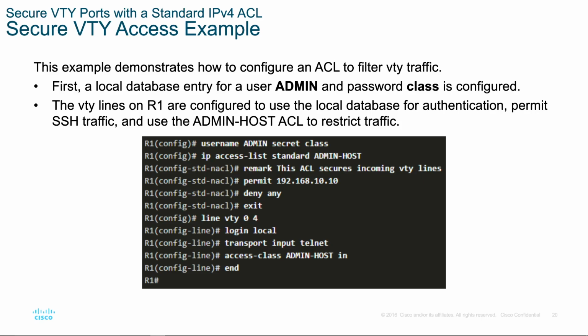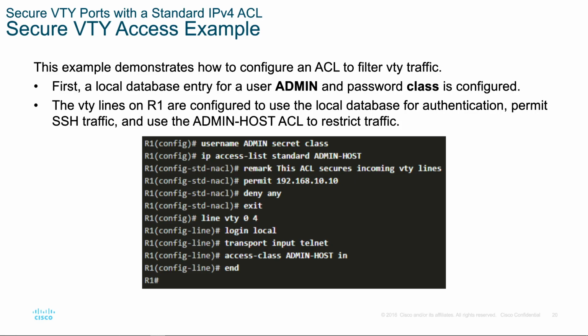We're saying that the only transport input allowed is via telnet, and access class admin host in, so only connections coming from the host 192.168.10.10 will be permitted to open a VTY line.